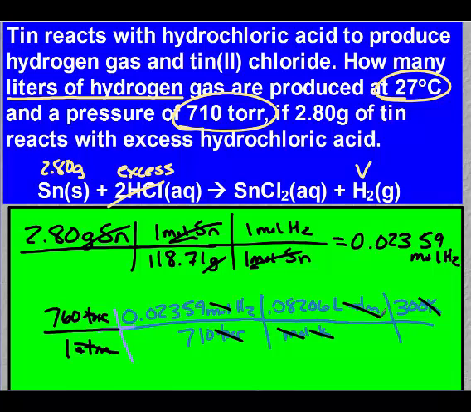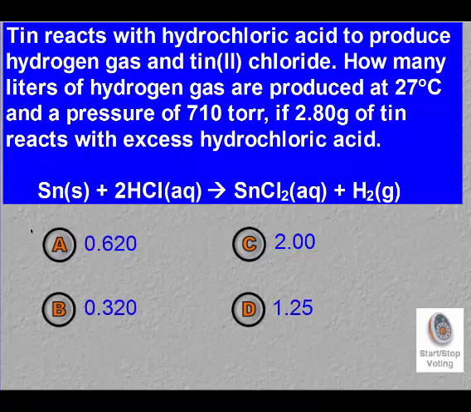And then multiplying and dividing. And we need 2 sig figs, so 0.62 liters because we were solving for volume. So the answer was A.